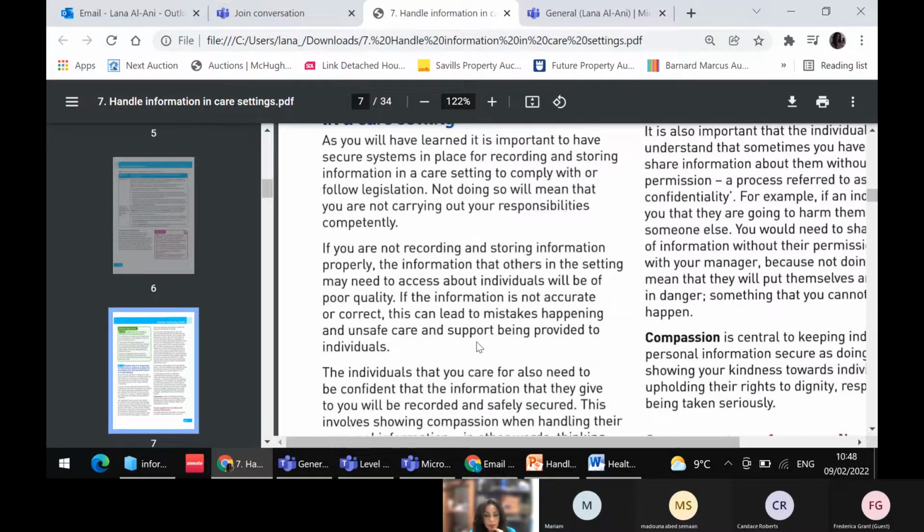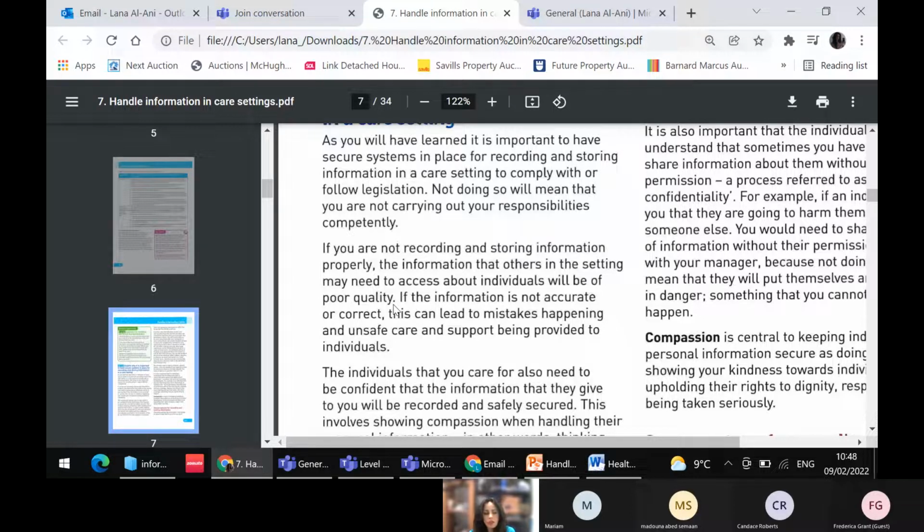And if you're not recording and storing the information properly, the information that others in the setting may need to access about an individual will be of poor quality. So all the information we have is of poor quality because anyone can access it.